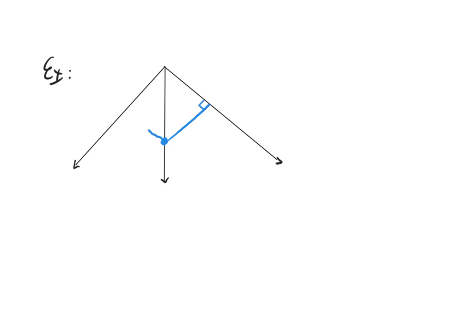I measure this distance and I determine that these two distances are equal. And then I tell you this angle right here is 42 degrees. And what I'm going to ask you for then is the measure of this angle, number 3.